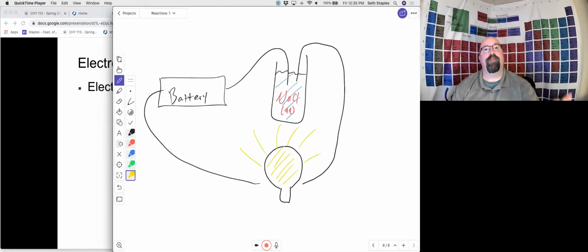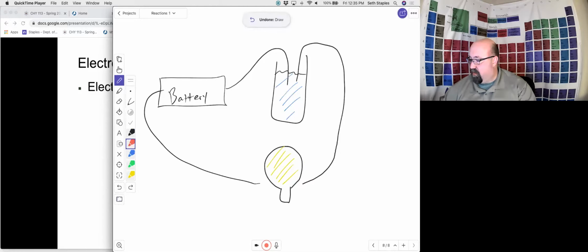The solution itself will conduct electricity, and we'll have electricity flowing, so our light bulb can actually glow. Now, if on the other hand, I have a non-electrolyte solution in here, let's say I've got just a glucose solution, C6H12O6 (aq), and I connect everything, the light bulb stays dark. That solution is a non-electrolyte. It is not going to conduct electricity.